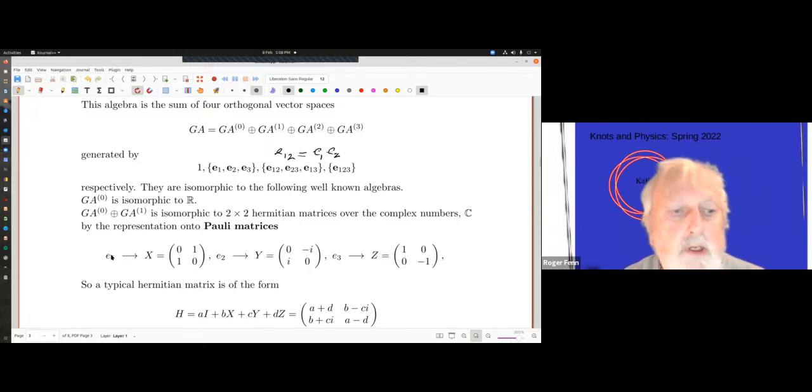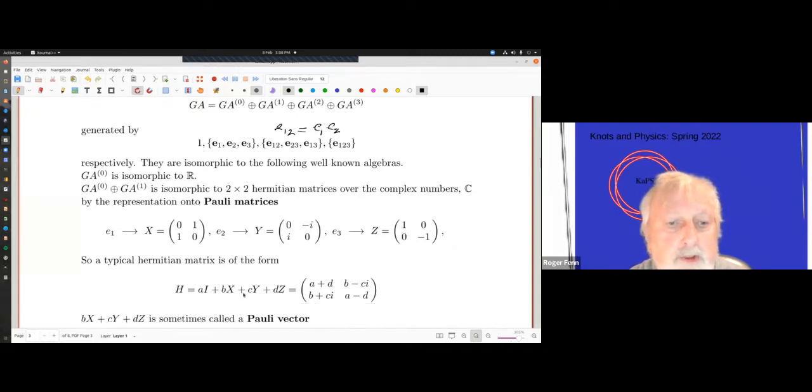So E1 normally is denoted X, which just switches coordinates. E2 is Y, and that's a 2 by 2 matrix, anti-diagonal minus i, i, and E3 goes to Z, which is diagonal 1, minus 1.